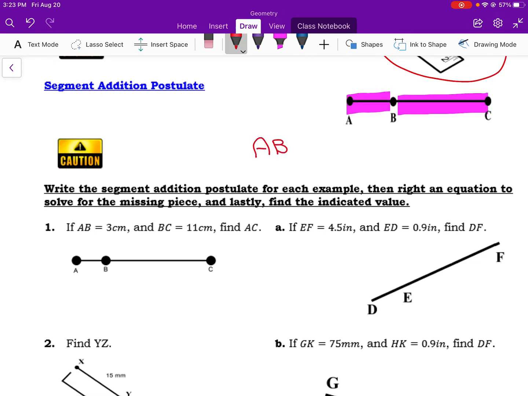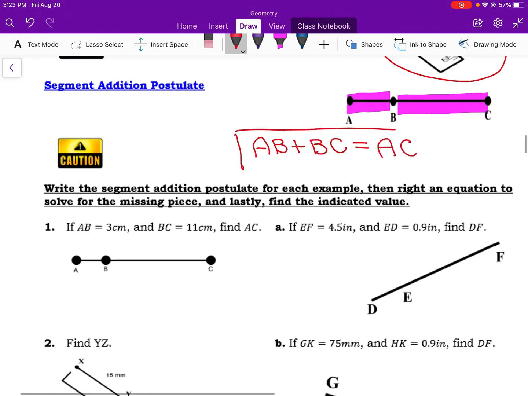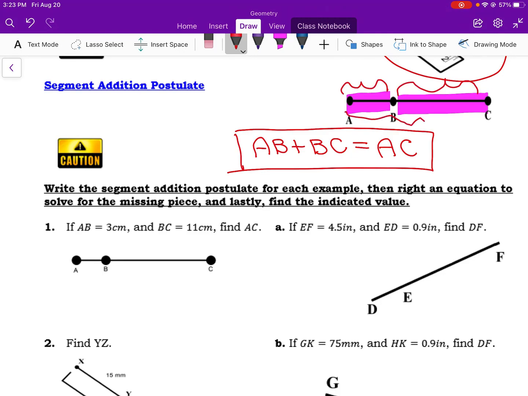So in this case, segment AB plus segment BC equals the full line segment AC. We will be using this a lot in geometry. Again, the sum of AB plus BC together makes the entire line segment AC.